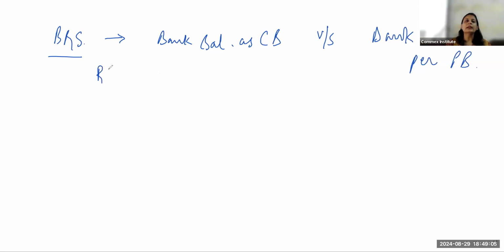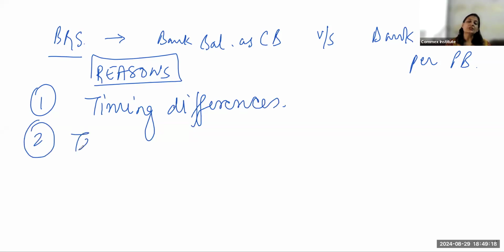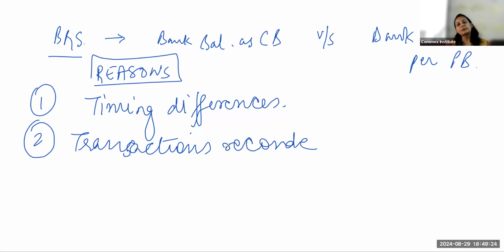And we noted that there are certain reasons for these differences. Number one was timing differences. Number two was the transactions recorded only by the banker.